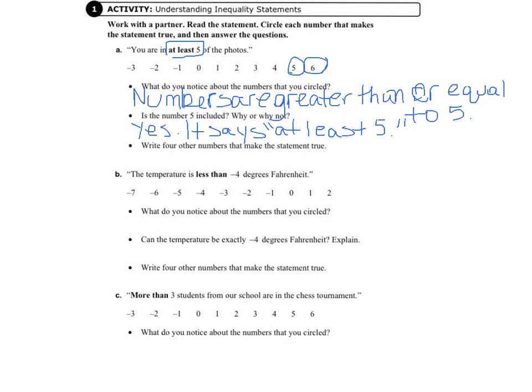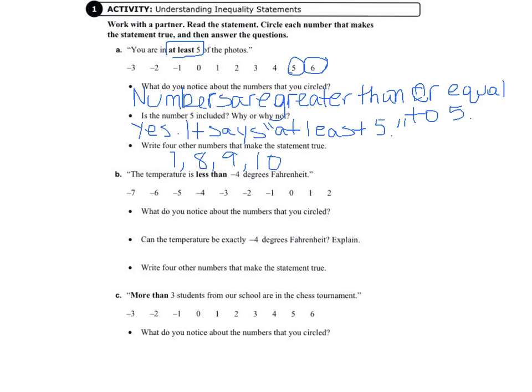Now our next question is write 4 other numbers that make the statement true. So 4 other numbers that are greater than 5. So we could write 7, 8, 9, and 10. Or you can come up with more creative numbers than that if you want to.